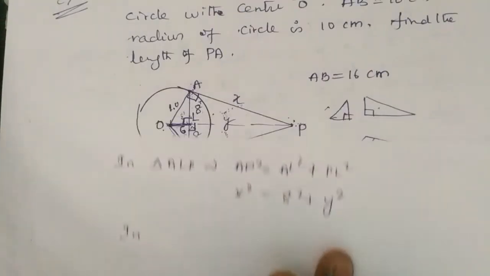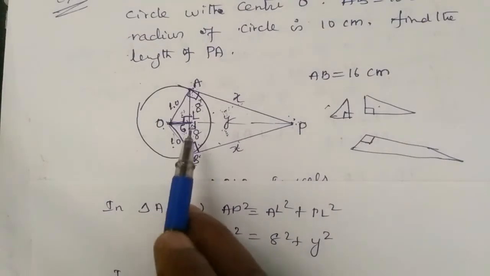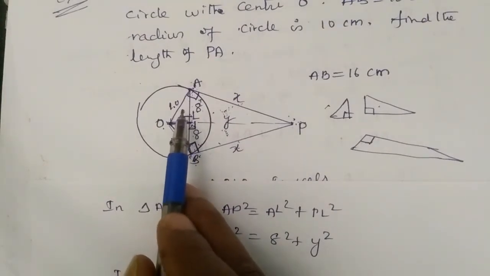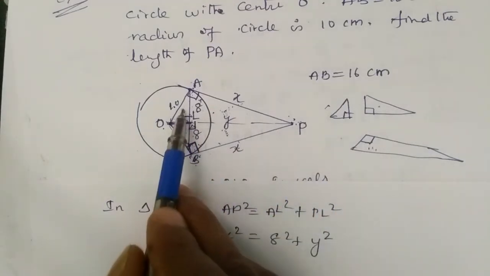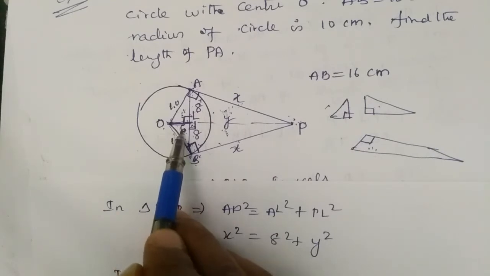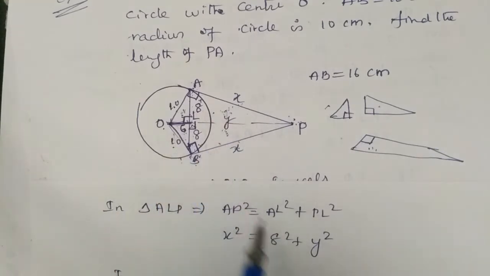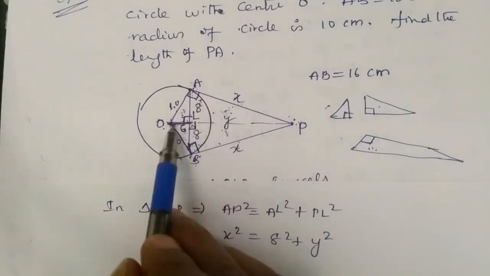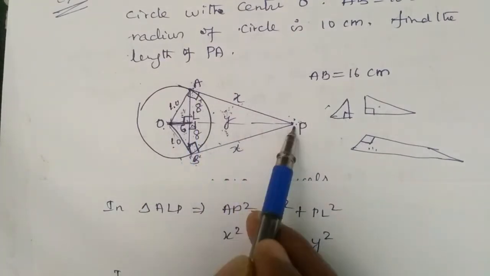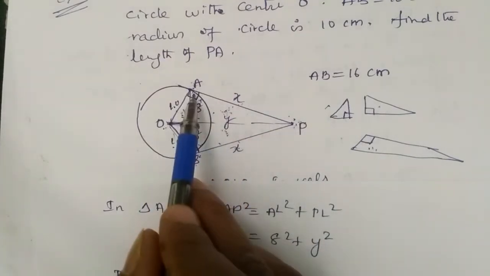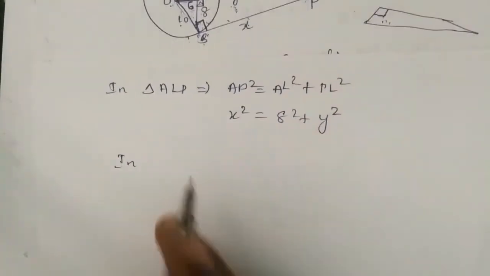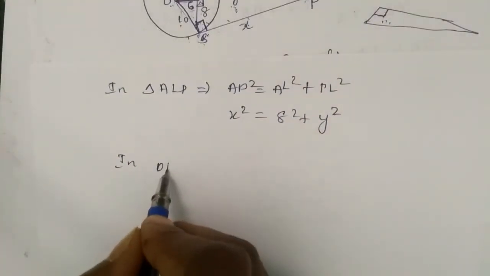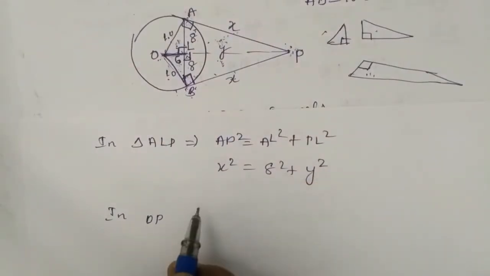Now we change to another triangle. Two right angle triangles are already used. The smaller one gave us 6 centimeters, and this smaller one gave us the x and y relation. We go for this big triangle AOP. In triangle AOP, this is 90 degrees, so OP becomes the hypotenuse.